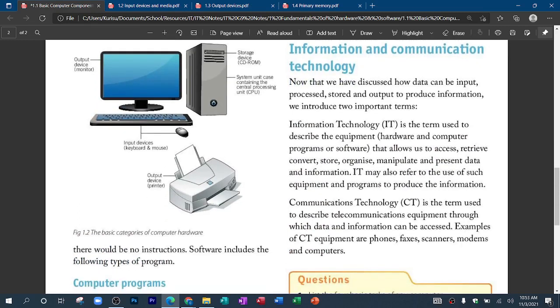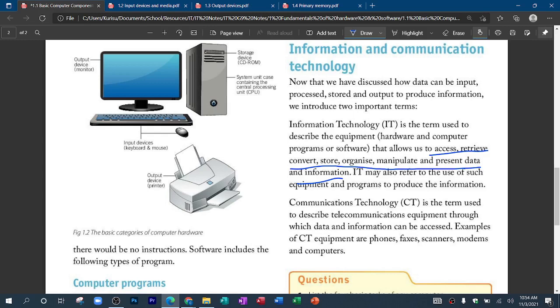And then we have two terms here that you should remember. What is information technology and what is communications technology? IT is basically how you access, retrieve, store, manipulate, and present data and information. It basically deals with data and information, doing something with that data and information.